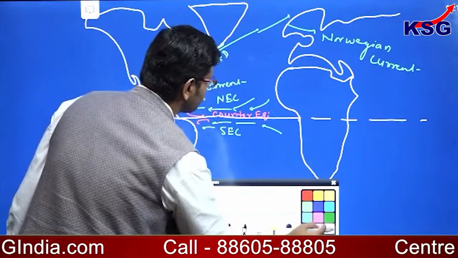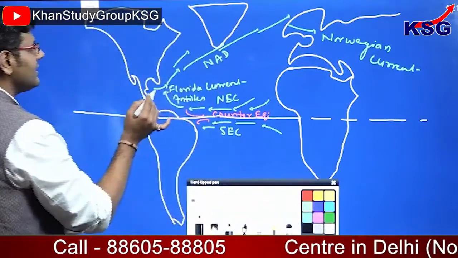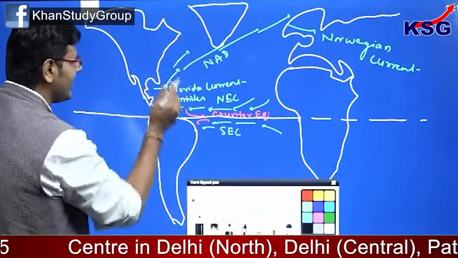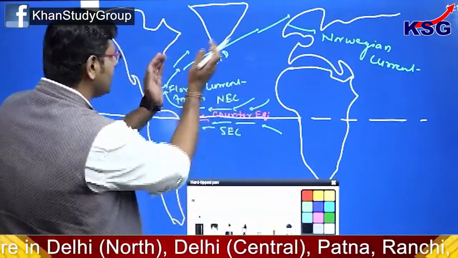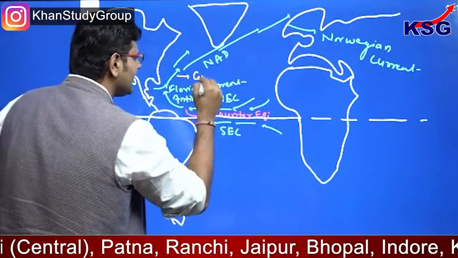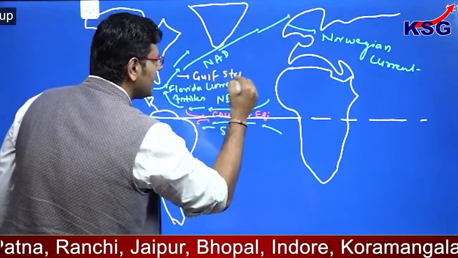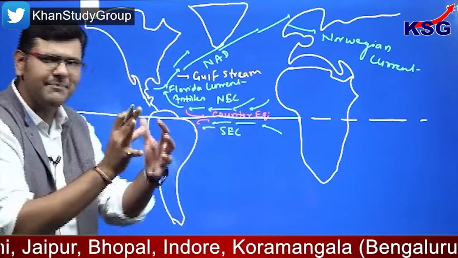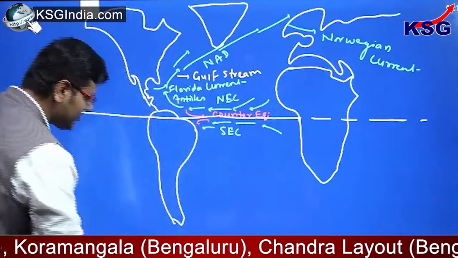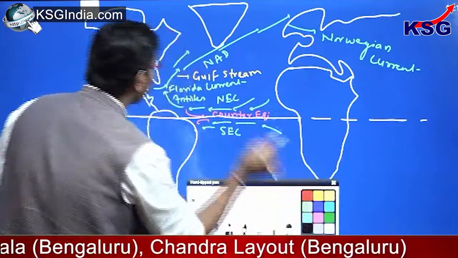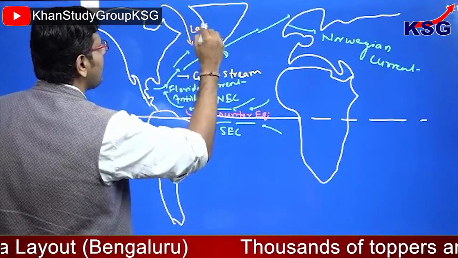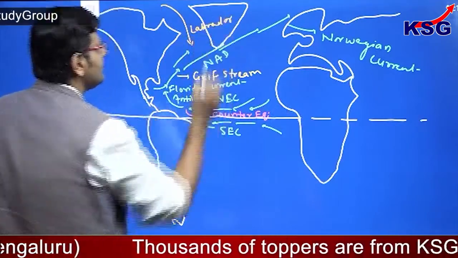Now please see. This Florida current is moving towards the North Atlantic Drift, taking it towards the Norwegian current. This is also called the Gulf Stream, because it has been joined by the Florida, Antilles and North Equatorial currents. This Gulf Stream also meets a very important stream that comes here in the form of the Labrador current.